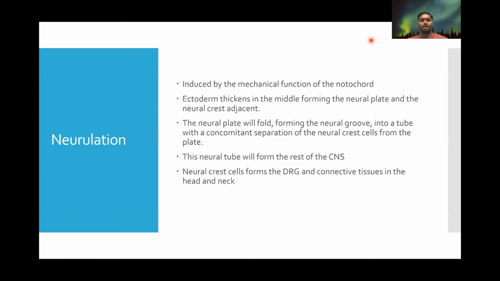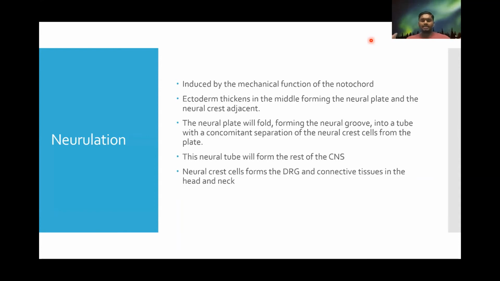And then at the same time, the neural crest cells will separate from the plate and become their own structure. So here's a little piece of paper to show you guys. This piece of paper will be the neural plate. What happens is it'll form a groove, and it'll eventually close over into a neural tube right here, right?